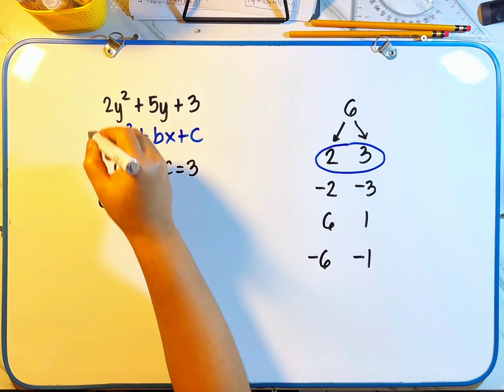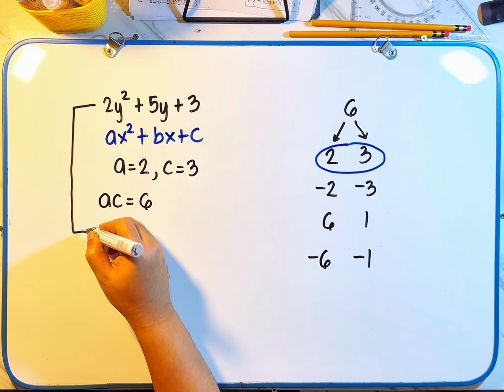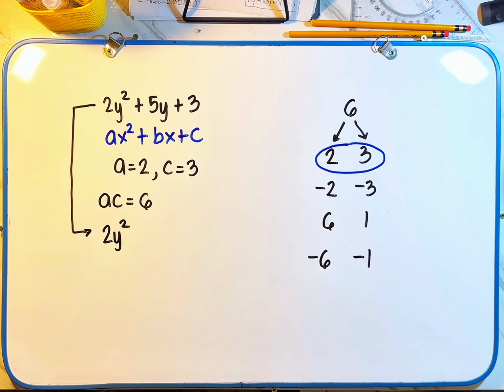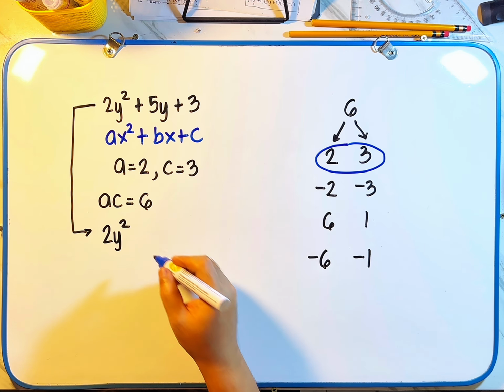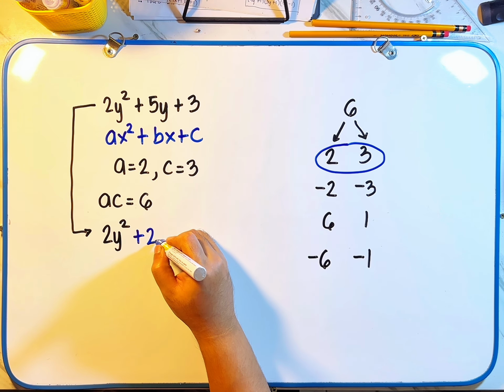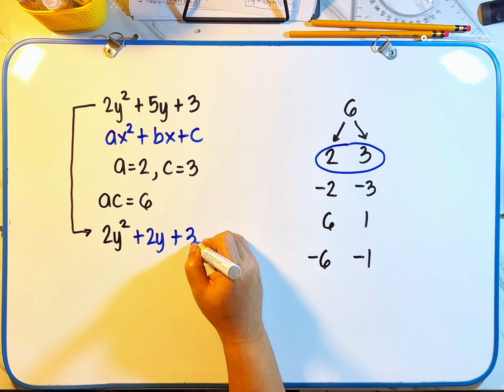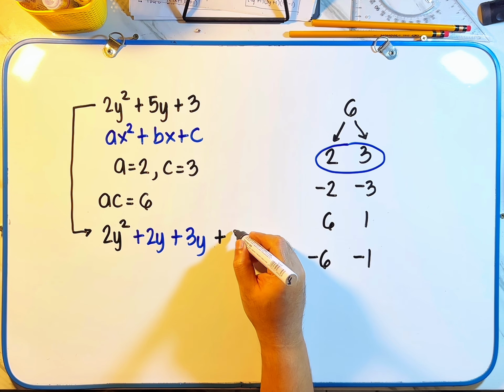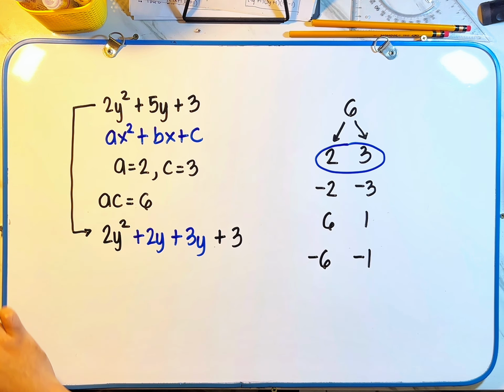Therefore, the next step looks like this. We will rewrite. We have 2y squared, and then instead of plus 5y, we will replace with 2 and 3. So plus 2y plus 3y, and then plus 3.